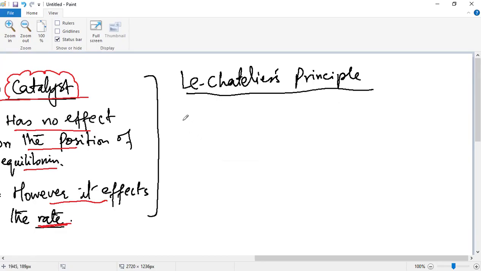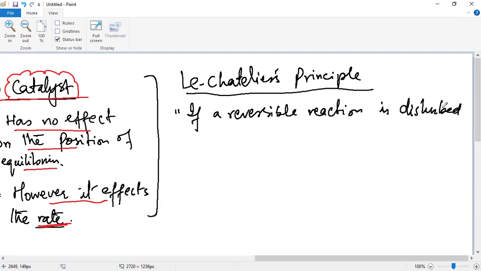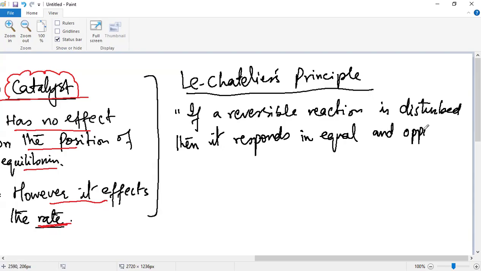Now, Le Chatelier's principle is that if a reversible reaction is disturbed naturally by some physical change, then it responds in equal and opposite manner to get a new equilibrium.